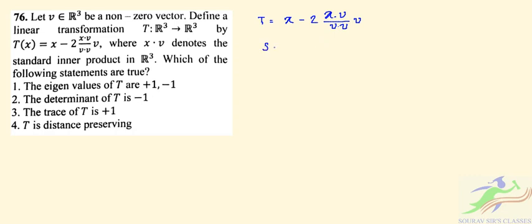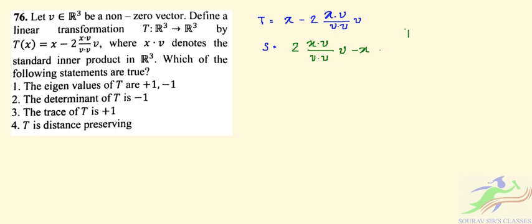We can write S of x equal to 2 (x dot v) over (v dot v) times v minus x, which is the reflection of x in the line along v.